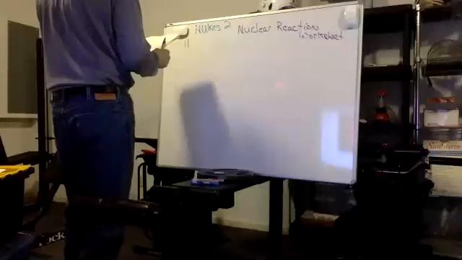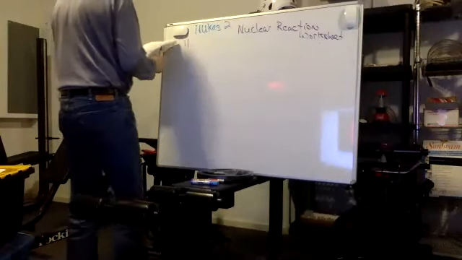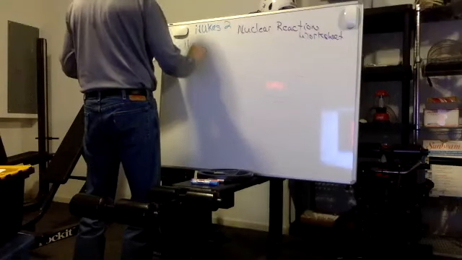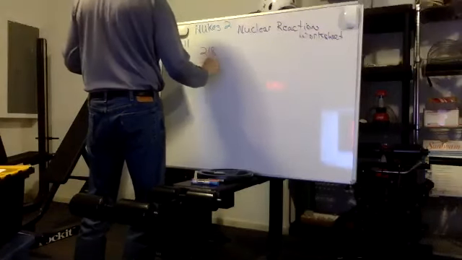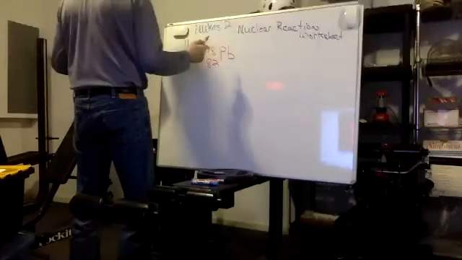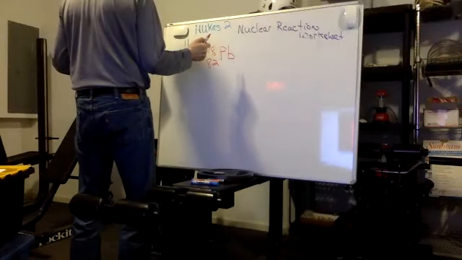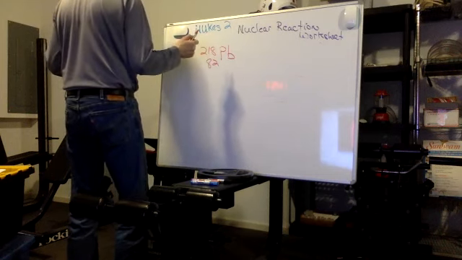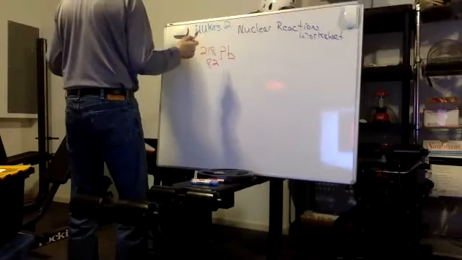After the last alpha, I should have had 212, 82 lead. That should have been the last alpha product. Is that correct? I got 212, 82. Okay.